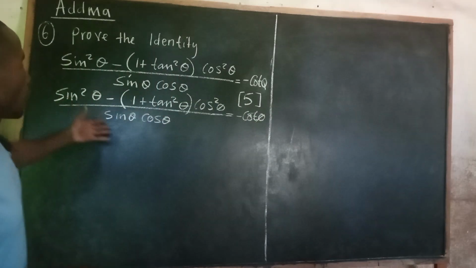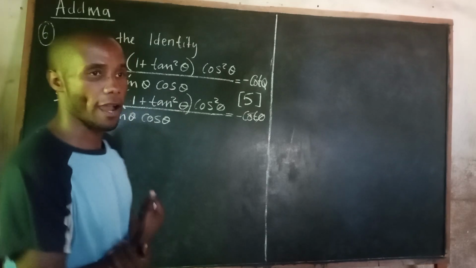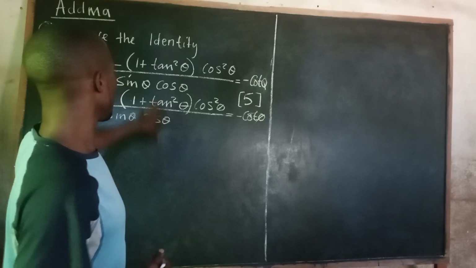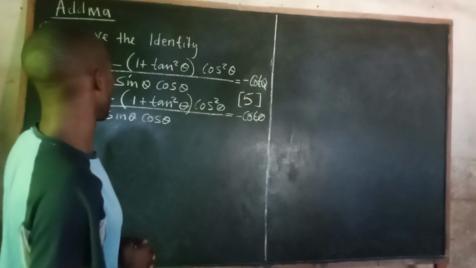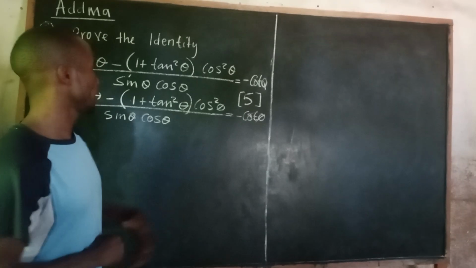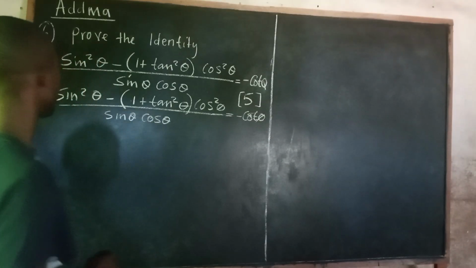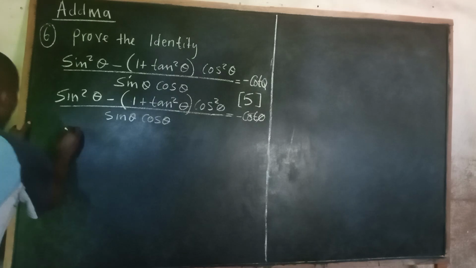From here, we need to get rid of the bracket. How? By multiplying with the value outside the bracket, which in this case is cos theta squared. Let's try to do that and see how we move.